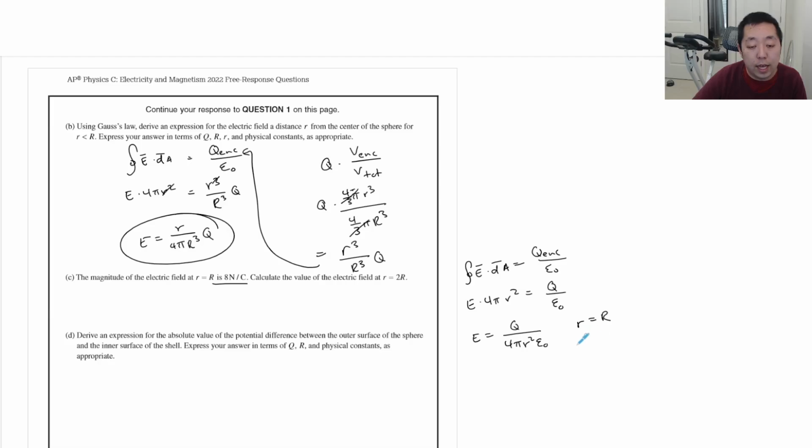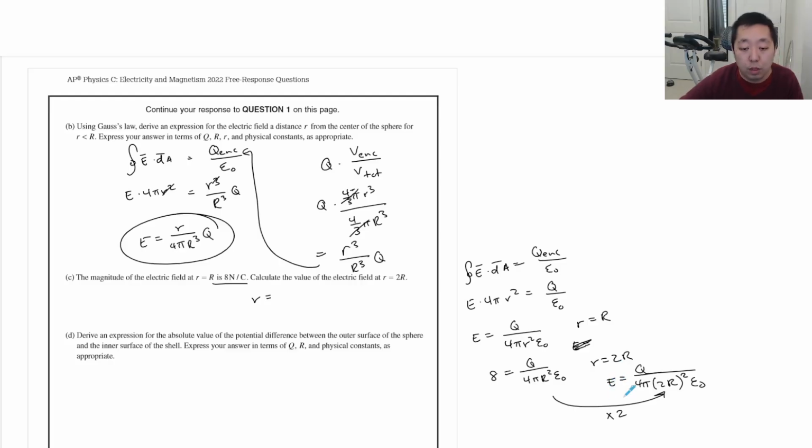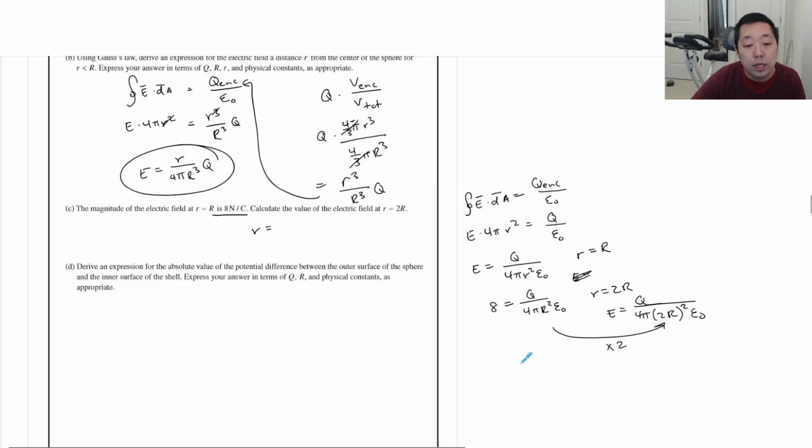So when I plug in big R, the electric field is 8 equals Q over 4 pi big R squared epsilon naught. And then the question is when r is equal to 2R, what is the electric field? It's Q over 4 pi 2R squared epsilon naught. So what's the relationship? I doubled the r, and so the electric field should drop by 1/4 because it's squared.